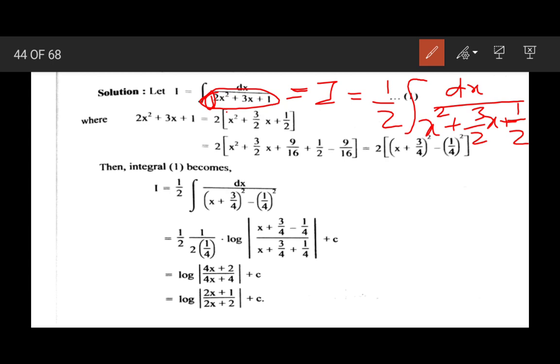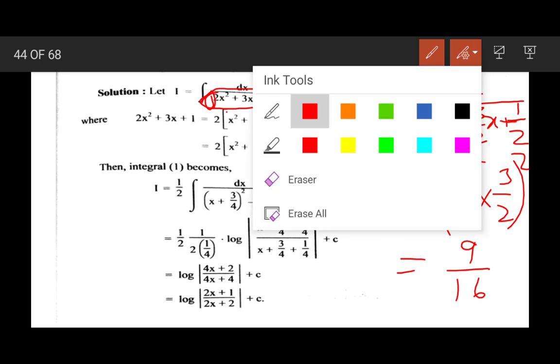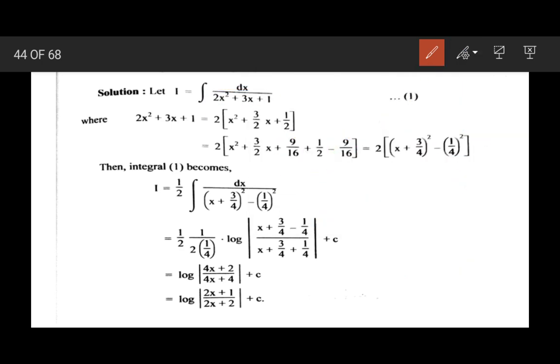Now again, to make a whole square, I have to find the third term. The third term formula is half into the coefficient of x the whole square, which is equal to 9 upon 16. Now I have to add this 9 upon 16 and subtract this 9 upon 16.